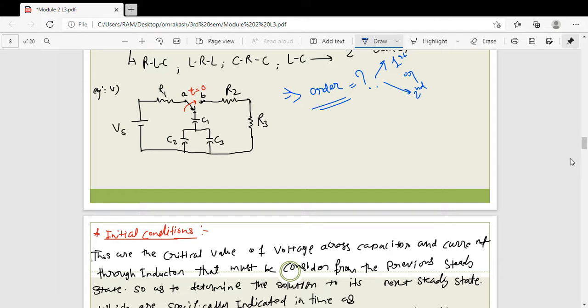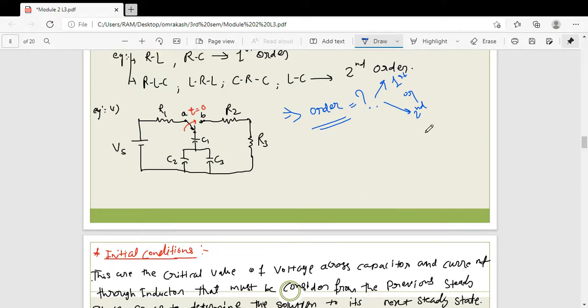Please comment, what is the order of the circuit? Hello guys, please comment. Why are you not commenting? I'm asking a number of times.